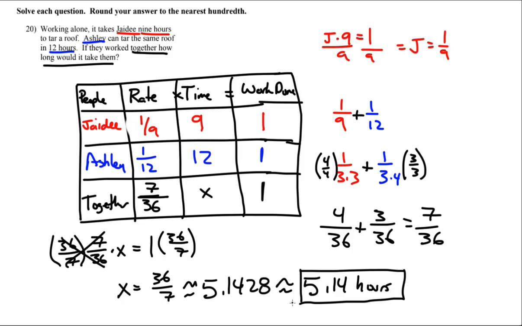So if JD can do a roof in 9 hours and Ashley can do a roof in 12 hours, then together they should be able to do the roof in 5.14 hours.